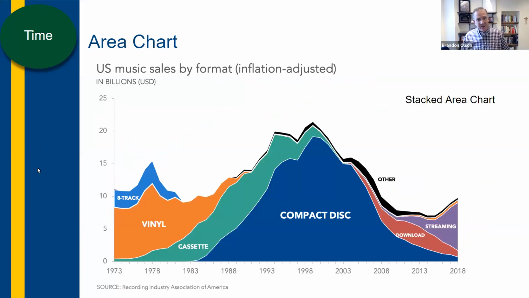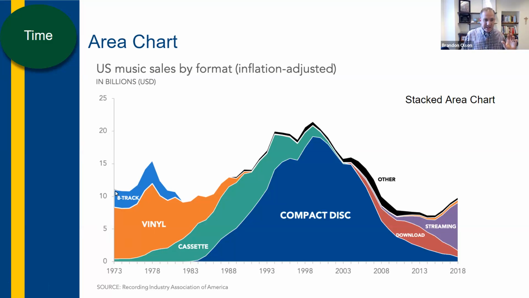All right, and kind of another way to do this is an area chart. Now, area charts are a little bit more complex to understand, but you also can represent additional attributes rather than just measuring a single value. So this is an example of a stacked area chart. So we're looking at music sales since 1973.